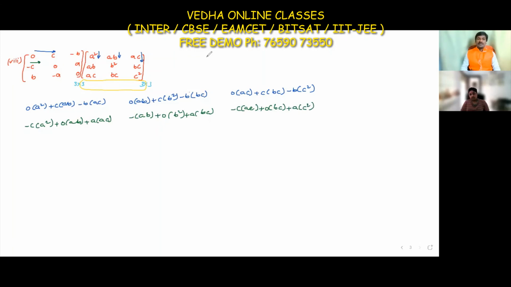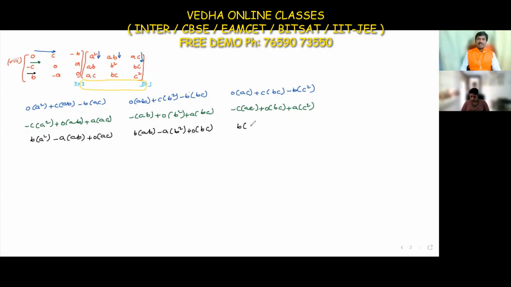Now third row. I am taking the third row with first column, second column, third column. B into A square minus A into AB plus 0 into AC. B into AB minus A into B square plus 0 into BC.